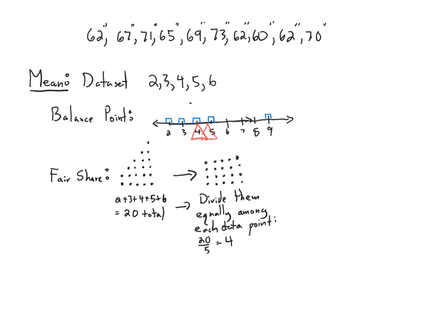So how many dots do I have in total? Well, you just add them up. There's 20 dots. So imagine I wanted to share these 20 dots equally, fairly, among each of the 5 data points. I would just divide the number of total dots by the number of data points, 5, and we get that there are 4 dots in each data point now.